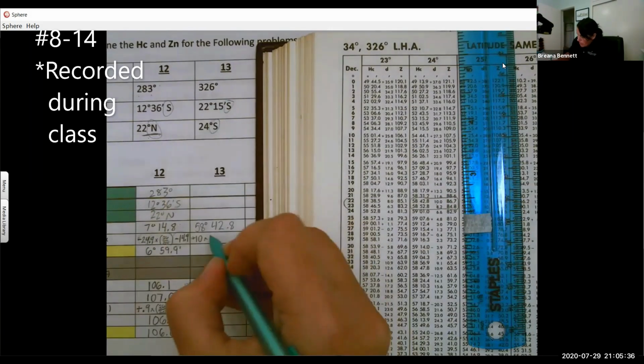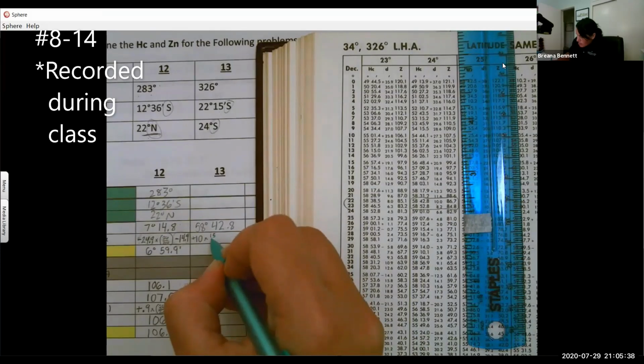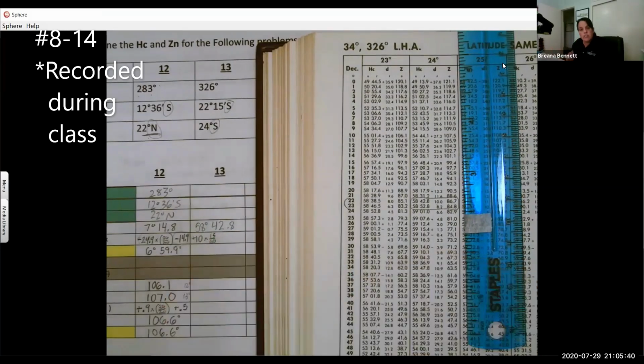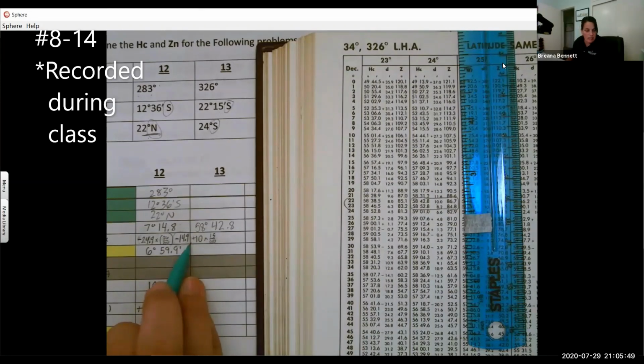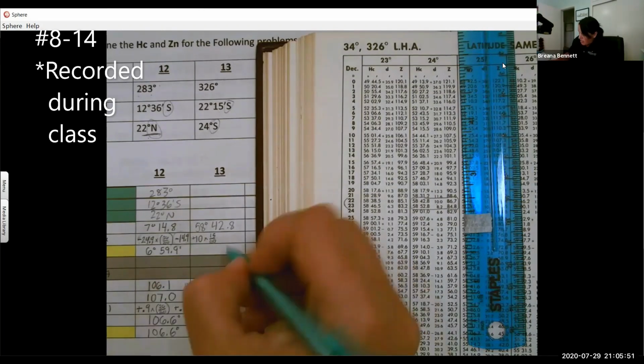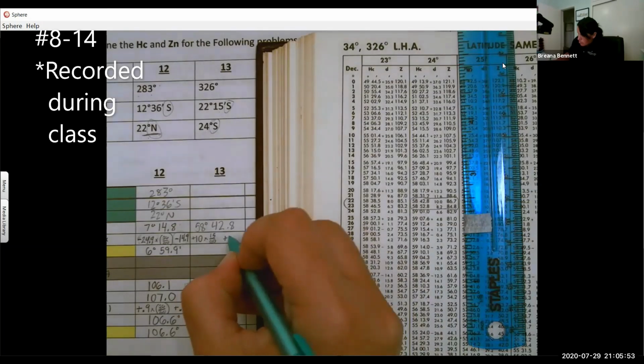So I'm multiplying that by 15/60. So 15/60, 0.25 times 10 gives us a correction of plus 2.5.